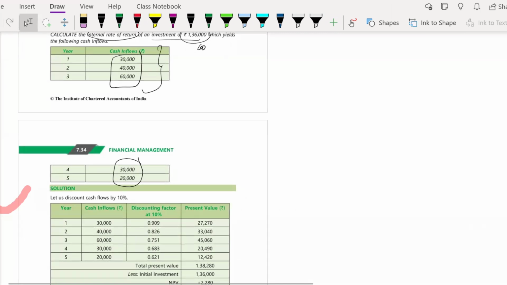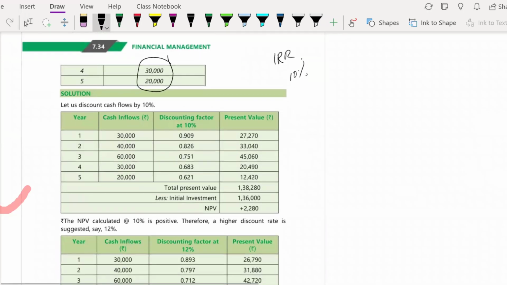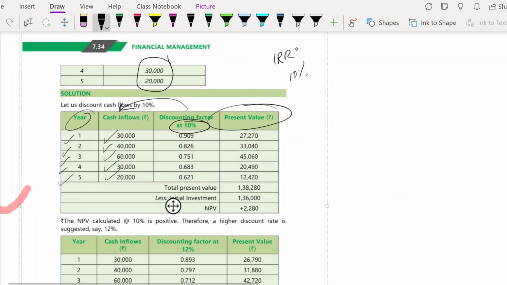So here we have to find out IRR. Again, you start with 10%. Here the cash inflows for years 1 to 5 are 30,000, 40,000, 60,000, 30,000, 20,000. You discount these cash inflows at 10% and you get a present value. The total present value of cash inflows is 1,38,280.